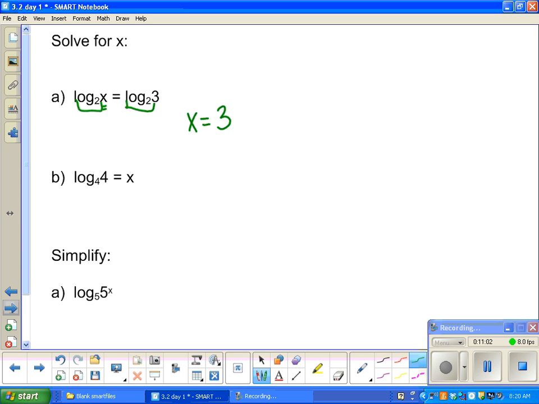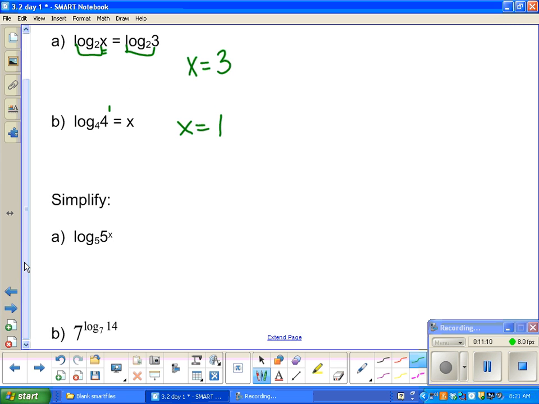We've looked at this one already. 4 to the first, so x is going to equal 1. What about simplifying these? Well, they have the same base, so that has to equal x. These simplify, same base, so this is going to equal or simplify to 14.